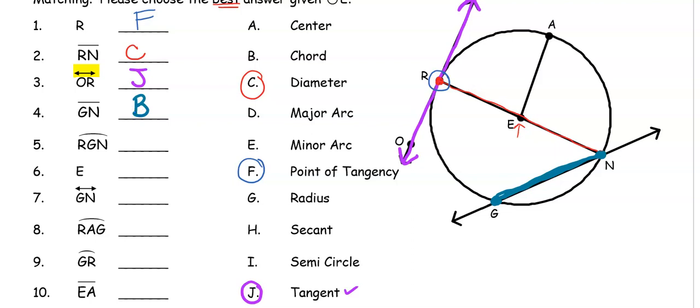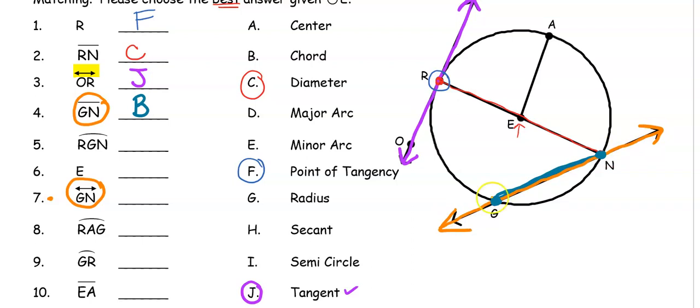Now I'm going to cheat and come down to number 7, because if I look at number 4 and number 7, those two look almost identical. Number 4, I'm starting at G and I'm ending at N. Number 7, this is the line GN, and that little notation is going to change what it is.